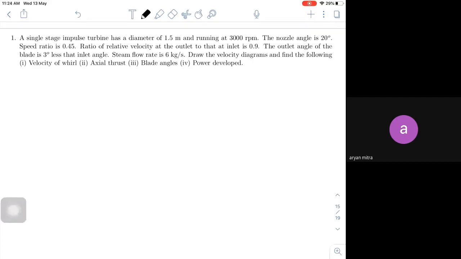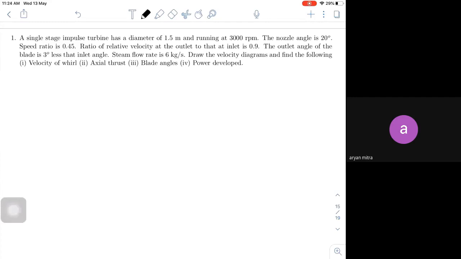The outlet angle of the blade is 3 degrees less than that of the inlet angle. Steam flow rate is 6 kg per second. Draw the velocity diagrams and find the velocity of whirl, axial thrust, the blade angles and the power developed. This is what we are supposed to find.